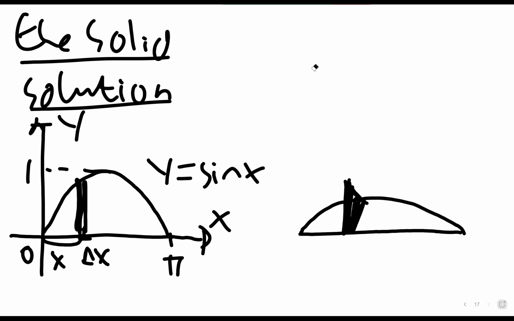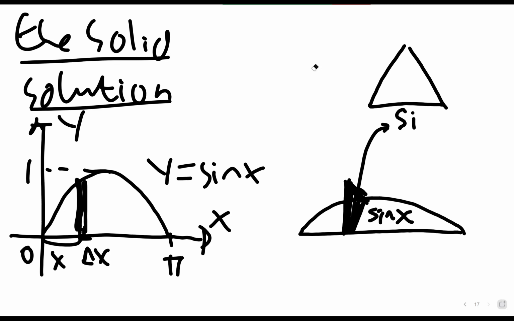So in this case, its base is sine x. However, we have to take a look at the area of this one. If I draw the triangle like this, since it's an equilateral triangle, this side is sine x, this one is sine x, and this one is sine x as well.